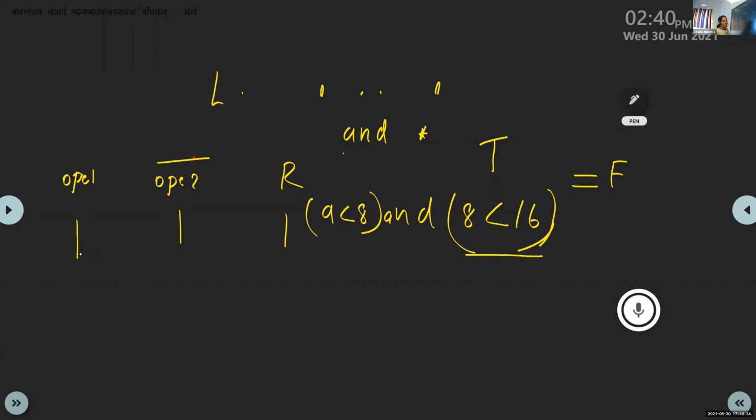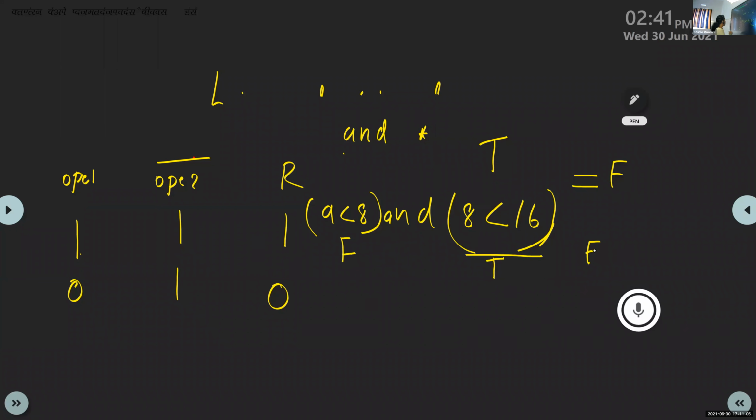Then, if the first operand is false, I will represent false as 0 and true as 1. If the first operand is 0 and the second operand is 1, what is the result? 0 into 1 is 0. That means if the first operand is false and the second is true, the result is false.